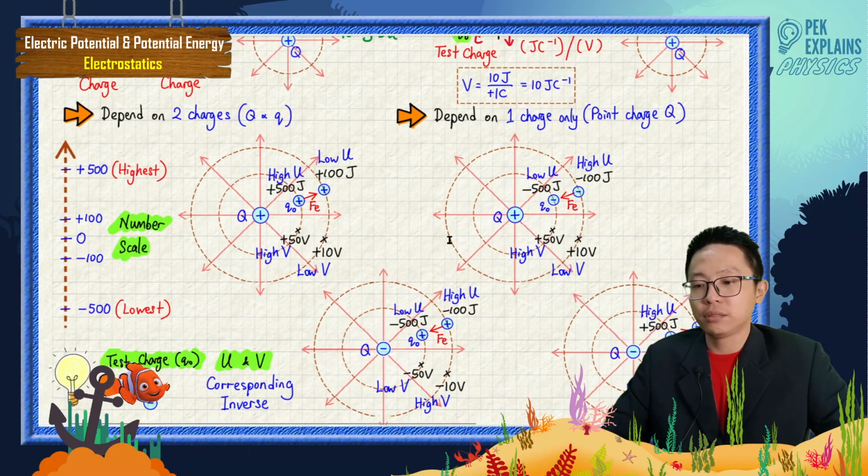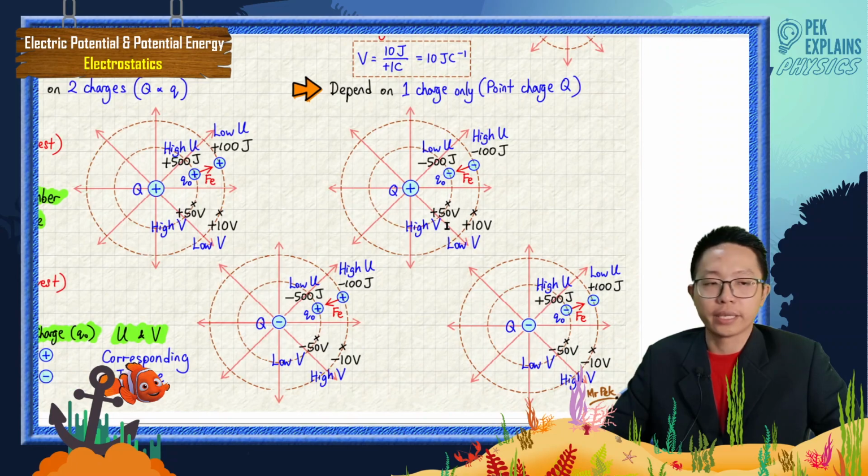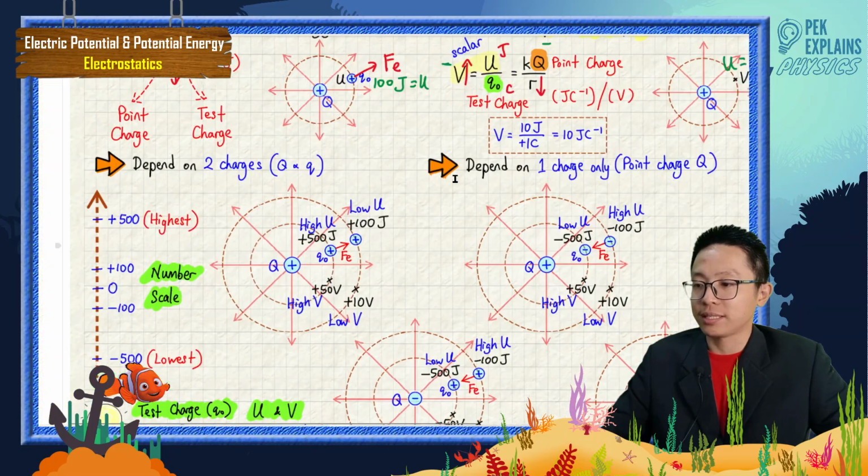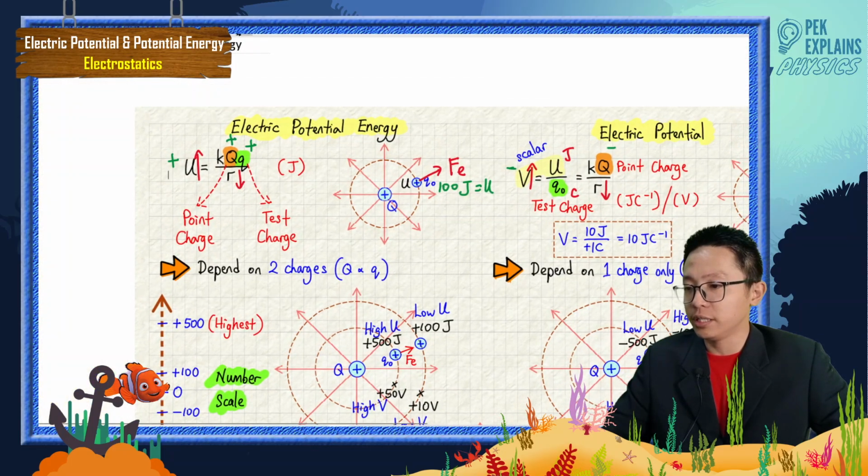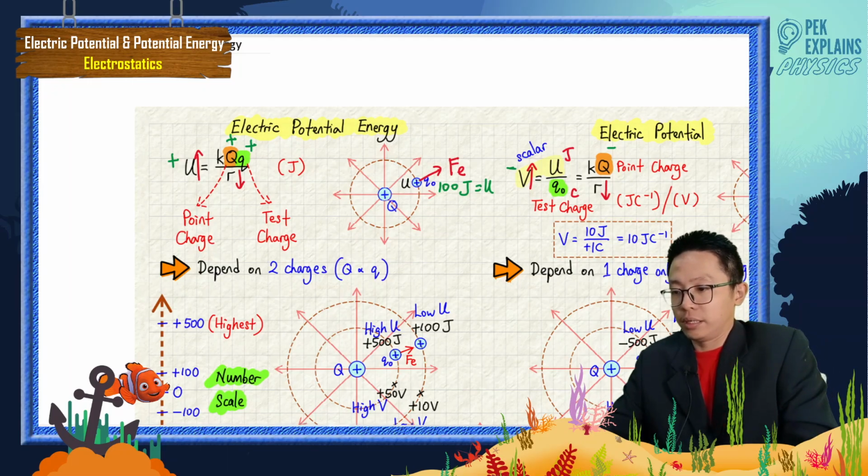Okay, now let's look at the second case. Why is the potential energy possessed by this test charge negative? Because we have a positive point charge and a negative test charge. So when we substitute the signs into the equation, let us clean this off.